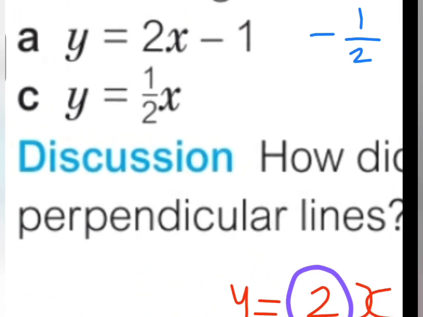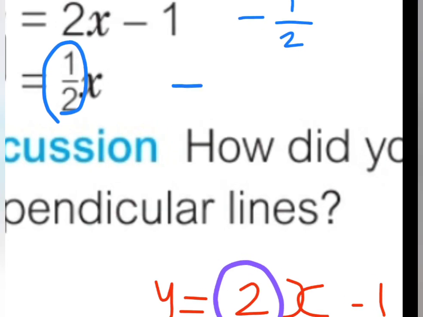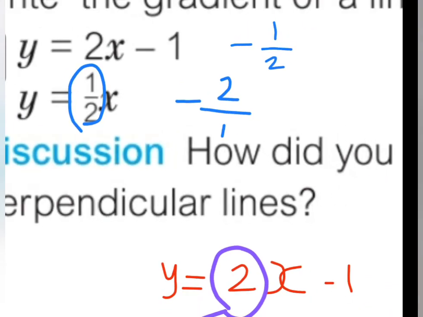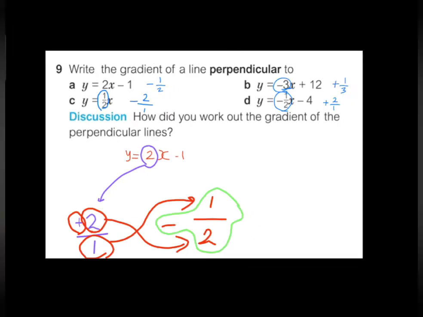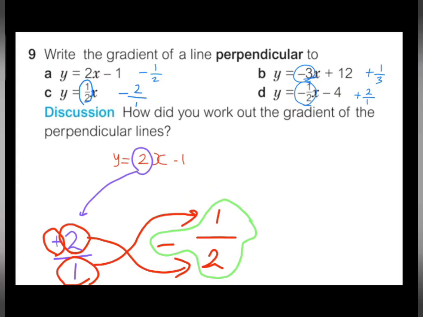And then let's check C. Same idea. This is the gradient, and it's positive, so it's going to be negative here. 2 is on the bottom, I'll make it on top. And 1 on top, I'll make it on the bottom, like this. And this is how you answer a question like this. So finding the gradient of a perpendicular line, I just change the sign of the gradient and flip them.